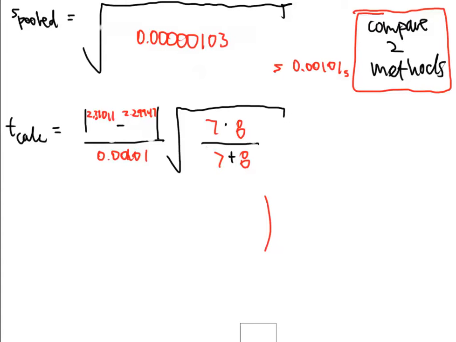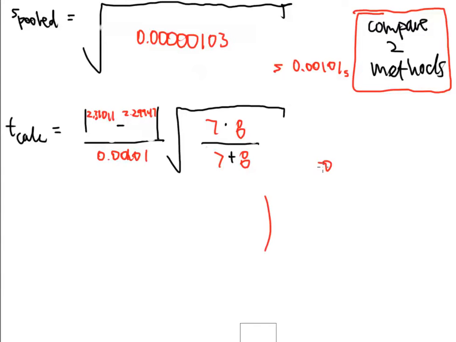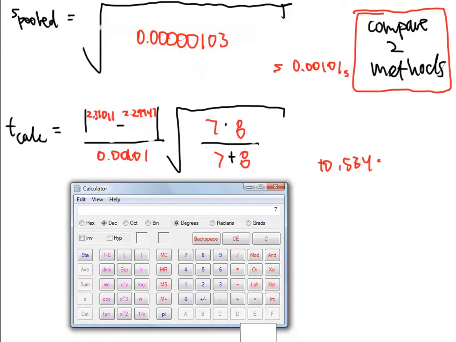I go into the calculator, I begin to solve this up. 2.31011 minus 2.29947. I hit enter, and then I divide that by 0.00101, and that gives me 10.534. I'm going to come over here to the side and write that. Times, well, in the calculator, 7 times 8 is 56, divided by, well, what's 7 plus 8?